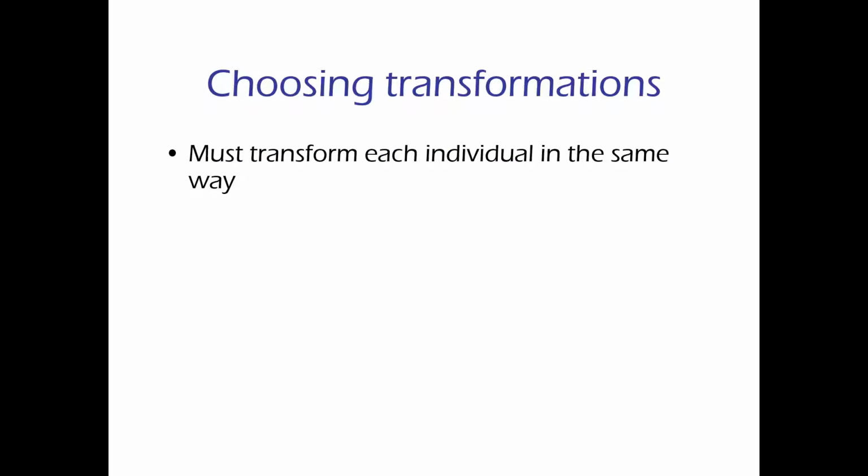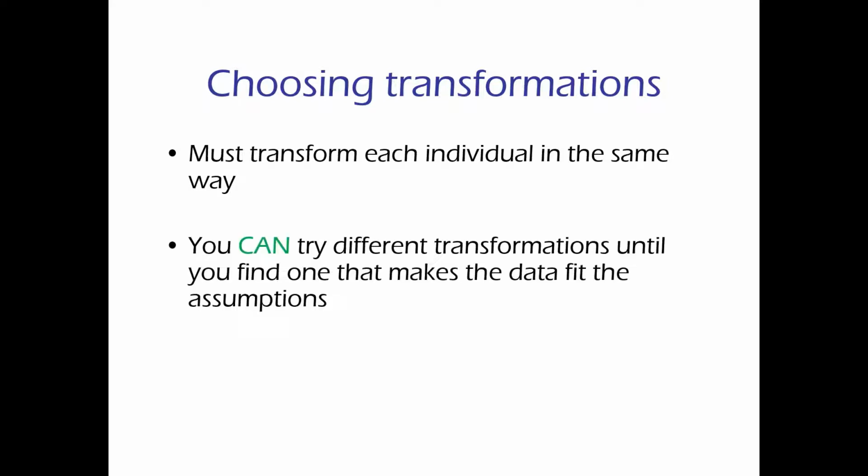Now we know there are different kinds of transformation to do. How do we choose the correct one to use? First, we need to make sure the transformation is applied to each individual data point in the same way. And second, remember the purpose of the transformation is to make sure our data fits the normal distribution assumption.